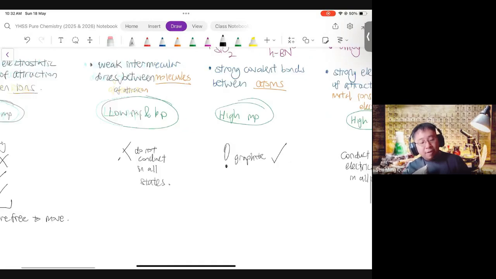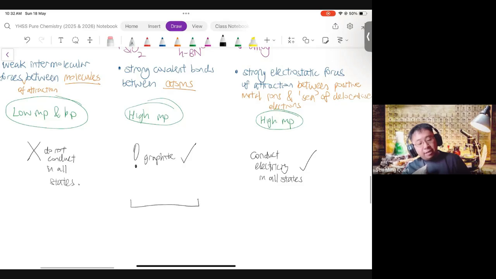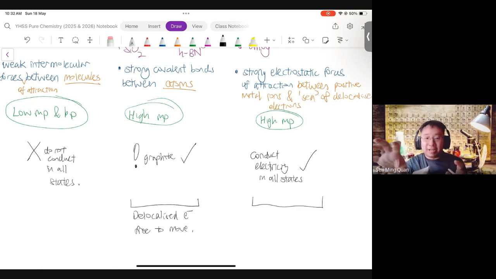How about in graphite? Graphite is the delocalized electrons which are free to move. How about in metallic? Is it the ion or the delocalized electron? In metallic bonding, the one that moves is the delocalized electrons. The ions are fixed in place. They are in fixed positions.